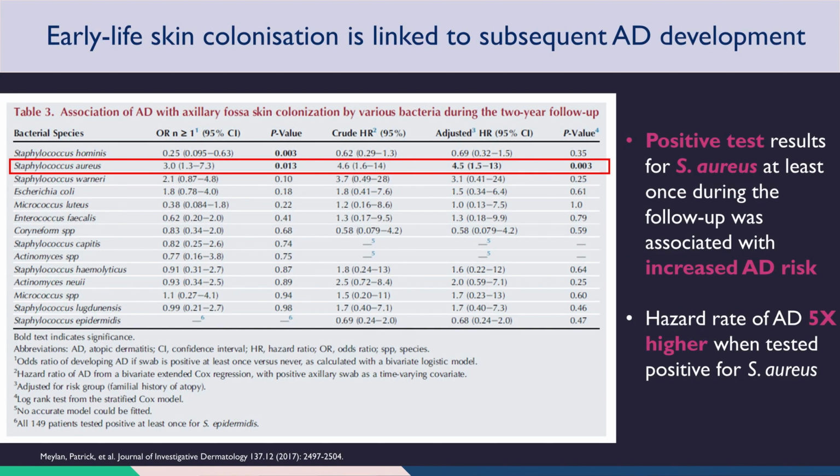Okay, so early life colonization is linked to subsequent AD development. A positive test result for Staph aureus at least once during follow-up was associated with increased AD risk, and the hazard rate of AD is 5 times higher when they test positive for Staph aureus.